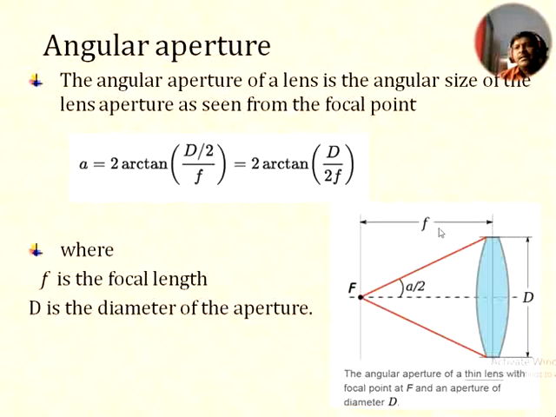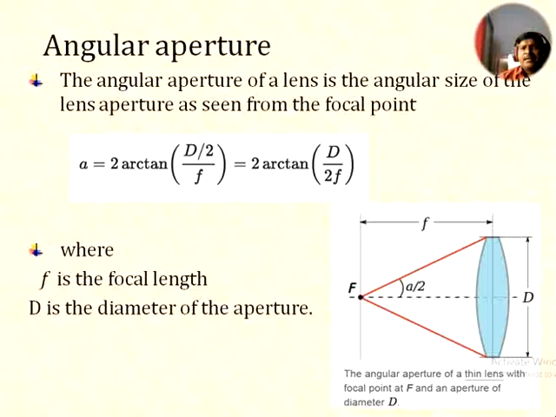And here d is the diameter of the aperture. So here is the angular aperture of a thin lens with focal point f and aperture of diameter d. By this formula we can calculate the angular aperture of the lens.